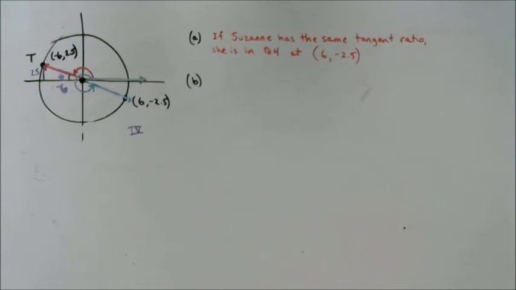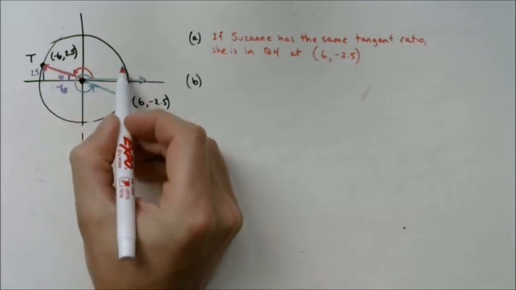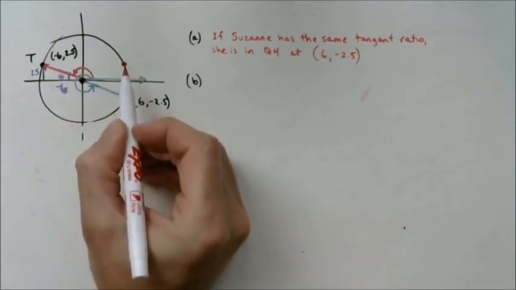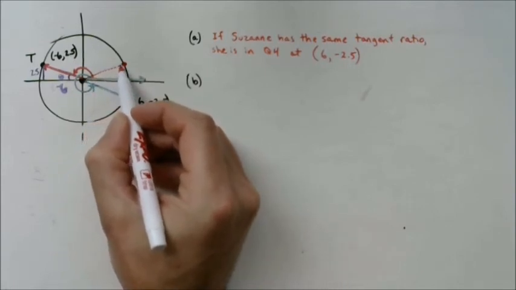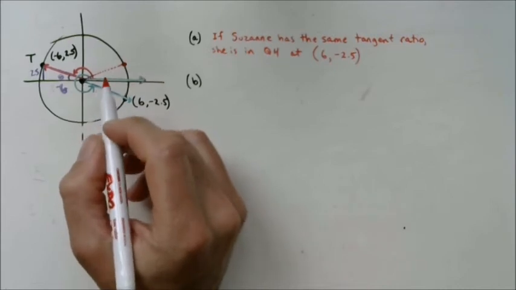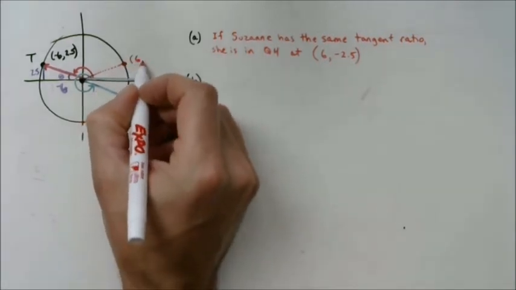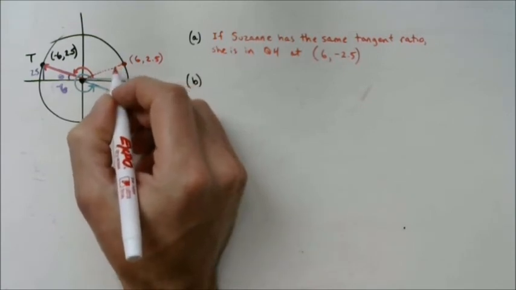Ted's house is a reflection of (6, 2.5). Okay, so Ted's house, if we reflected it and looked at its reference angle, then he would be at (6, 2.5) over here. Okay? That's his reflection.